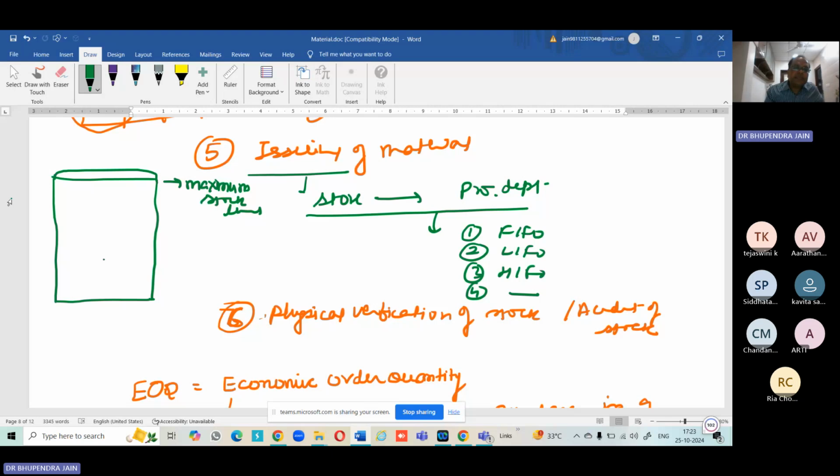Now the second level is the minimum stock level.